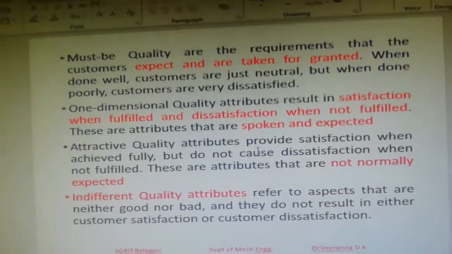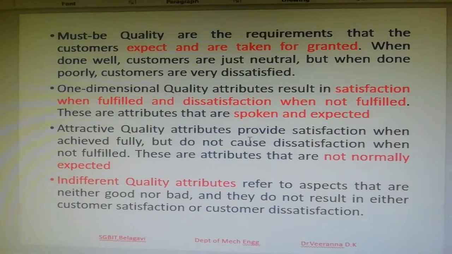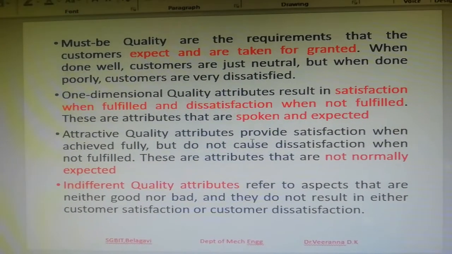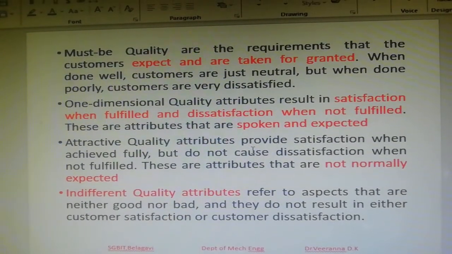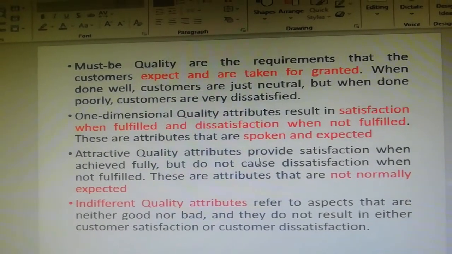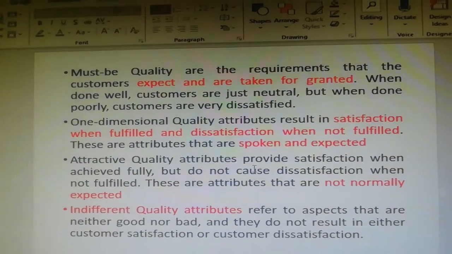And there is one more category called indifferent quality attributes. Okay, even if you add anything, it will not make any sense. Take the example of salt packing material. Nobody will think about what the packing cover for the salt is.